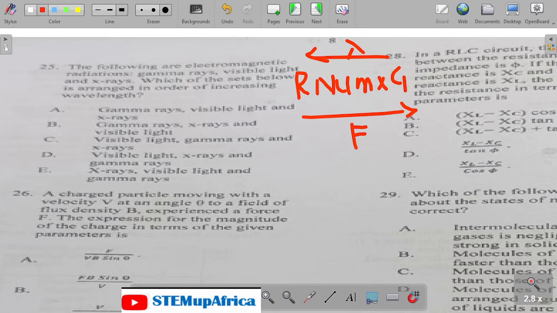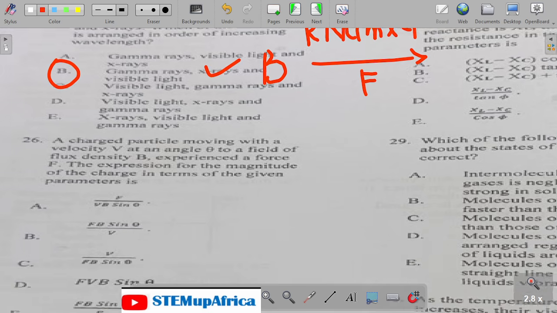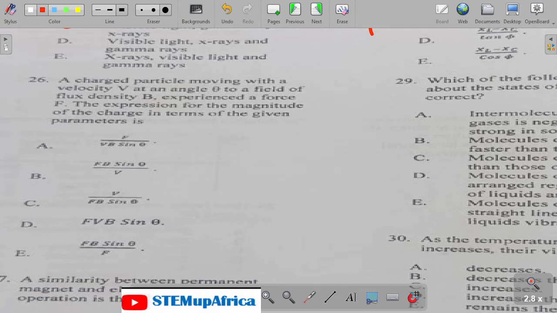So for increasing wavelength, gamma will come first, followed by X-ray, followed by visible, which is option B. 25 is B.